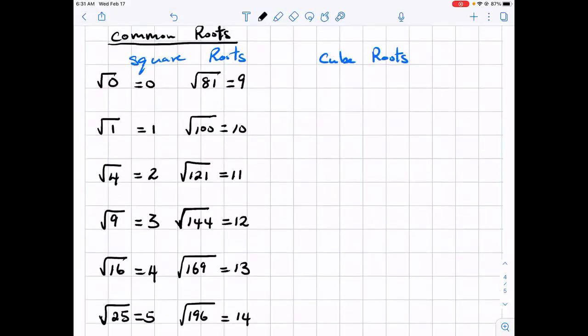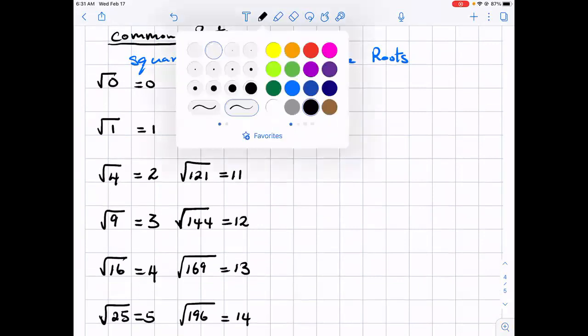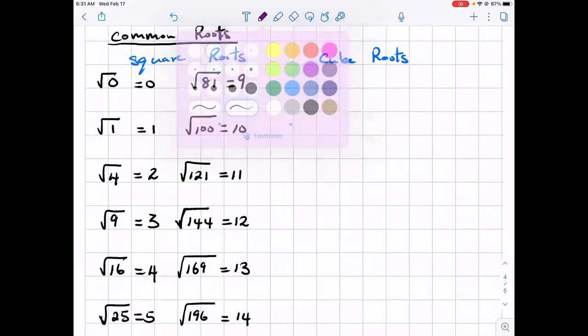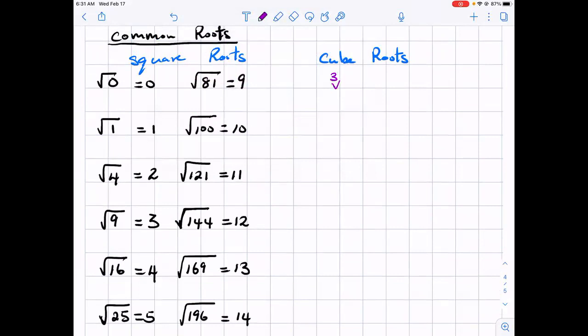Now for cube roots, we have the cube root of 0, that is equal to 0. The cube root of 1 is equal to 1. The cube root of 8 is equal to 2.